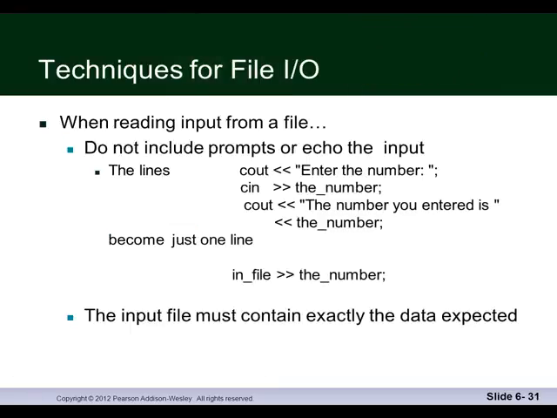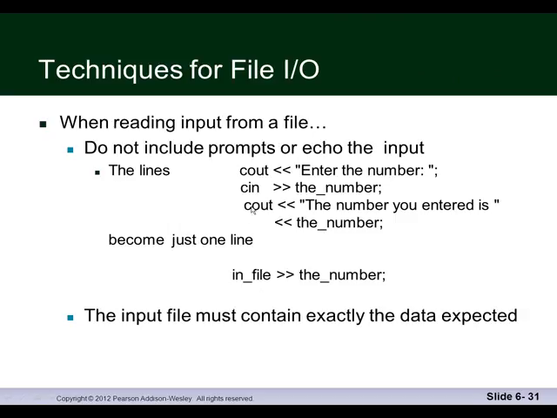So one way of looking at it, as we said earlier, is that we can just use the cin, cout. Because there is no user, we don't need to say enter a number. We don't need to say enter another number or the number you entered is this. So we're just going to use this cin. We're going to put it in the in file, and that's all we have to do.